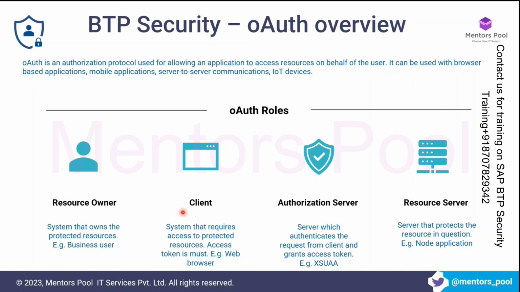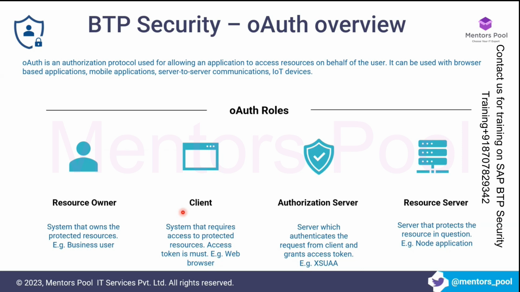But the definition of client is a bit broader than only a web browser. Clients also cover your mobile applications. Clients can also cover your IoT devices. Essentially, any system or any application which is requesting a resource is called a client.